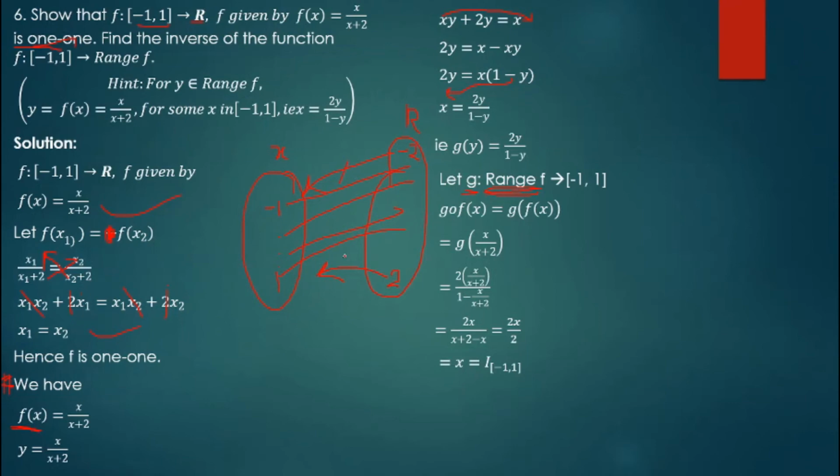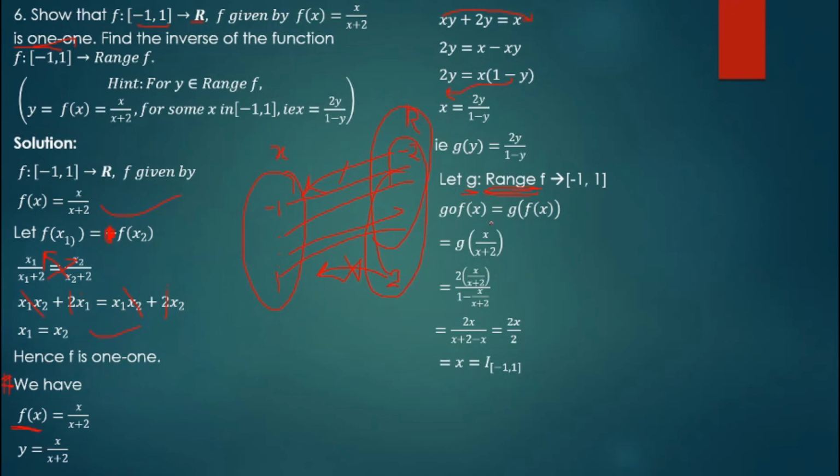So in short, what we are using when we leave the remaining elements in this set, what is this actually? Range. Remember, you have learned range because when we started this chapter I taught the basics of domain, codomain, range and all. So this is the range we are using. So range of f is what? Range of a function is what? From the set of real numbers. So we are using range f, that is closed interval -1, 1.